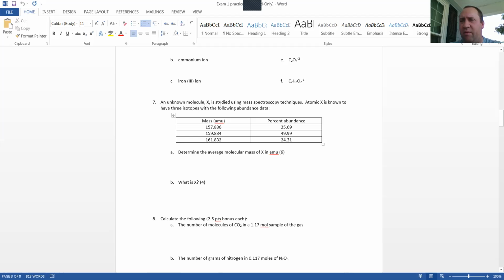All 3 of these are describing the same atom. It's just 3 different isotopes of the same atom, so you should get the same result for each of them.